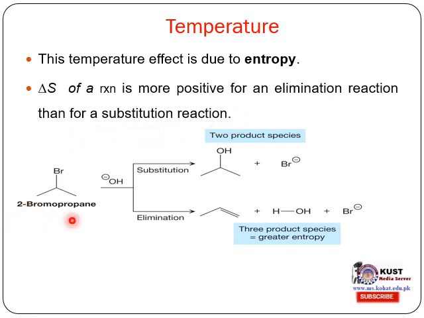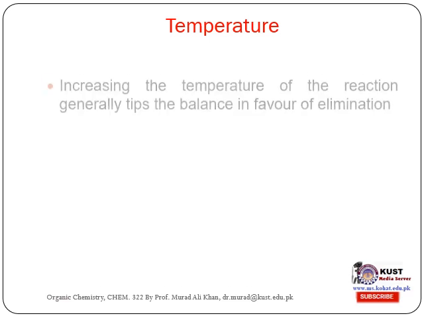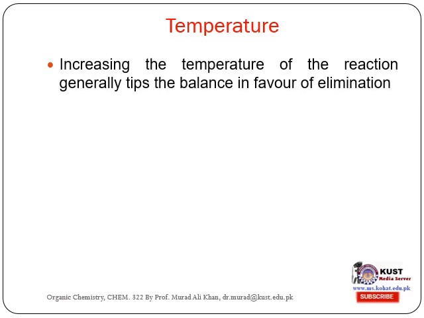Delta S of a reaction is more positive for an elimination reaction than for a substitution reaction. Like with 2-bromopropane, substitution gives 2 products, but elimination gives 3. So here the entropy is greater. Increasing the temperature of the reaction generally tips the balance in favor of elimination.